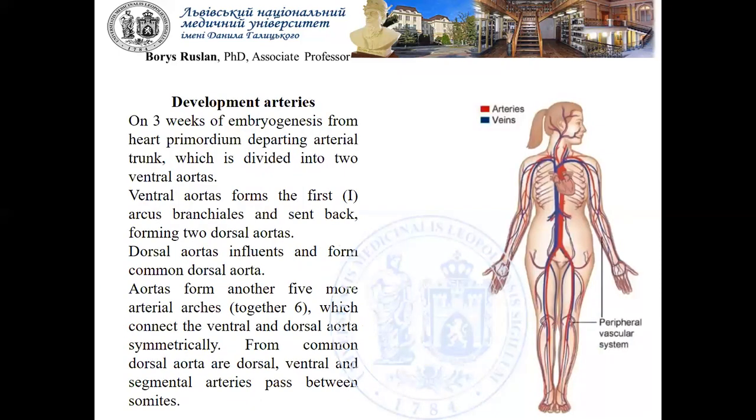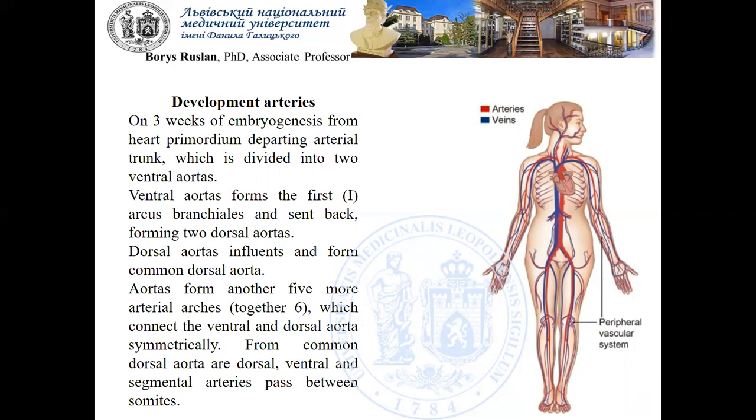What about the development of the arteries? In the weeks of embryogenesis, from the heart primordium the arterial trunk is divided into two ventral aortas. The ventral aortas form the first arcus branchialis and bend back, forming two dorsal aortas.